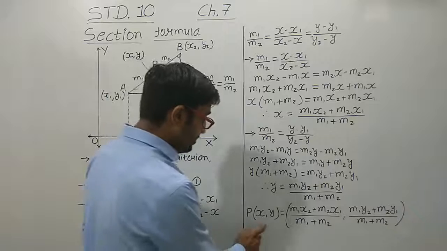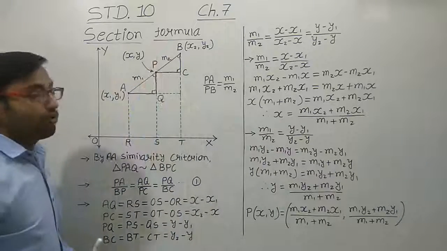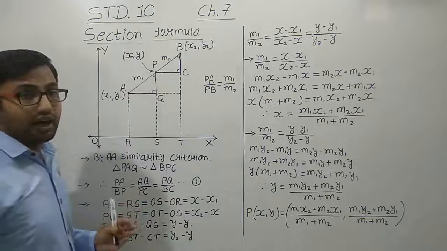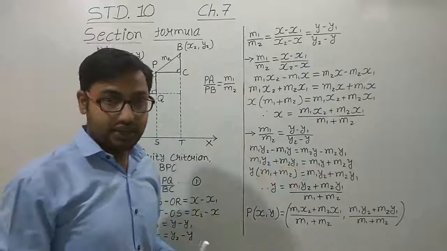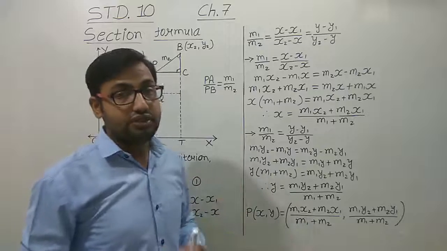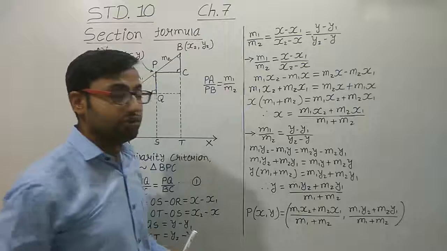Right? So this formula is called the section formula, because this P divides the line segment AB into two sections. But in which proportion, in which ratio, that we don't know. That is M1 and M2.